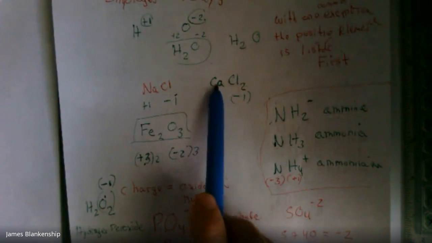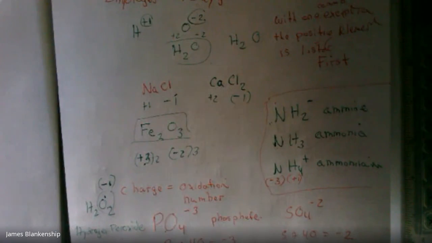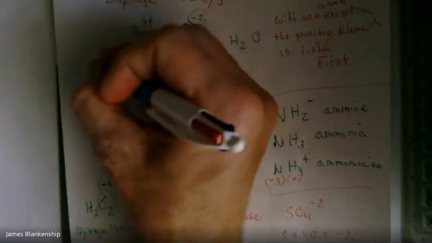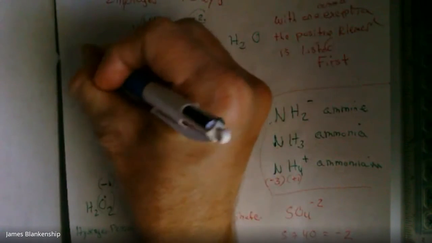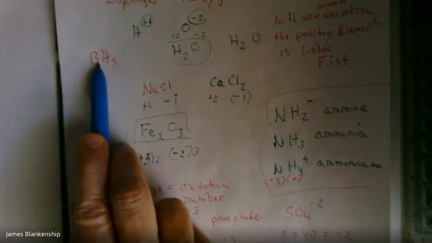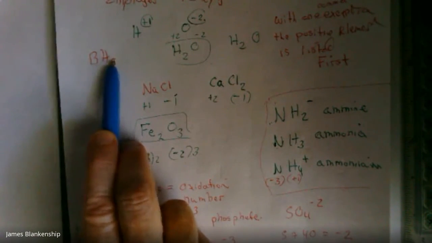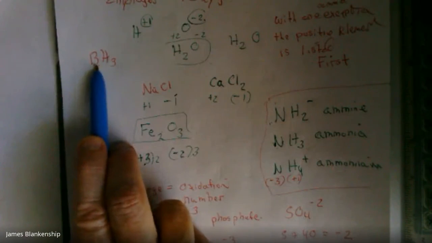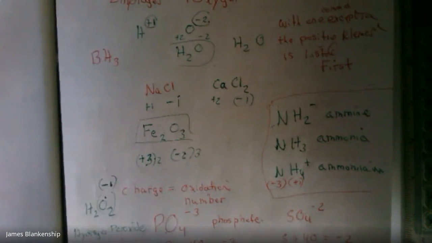Calcium makes 2 bonds, that's why there are 2 chlorines there. We could also talk about this, which is very common: BH3, borohydride, because boron wants to have 3, so it's going to hook up with 3 hydrogens.